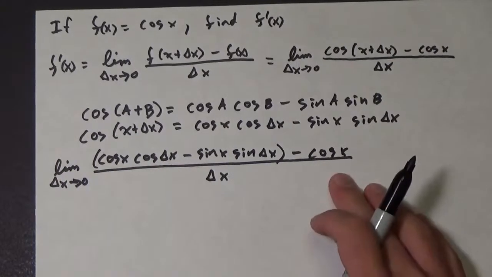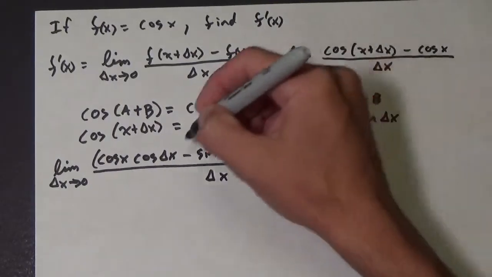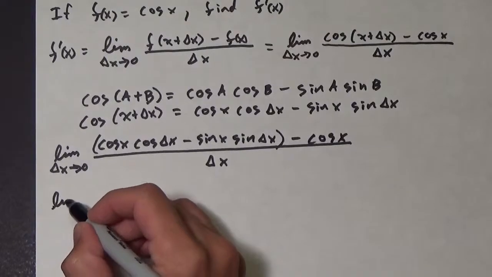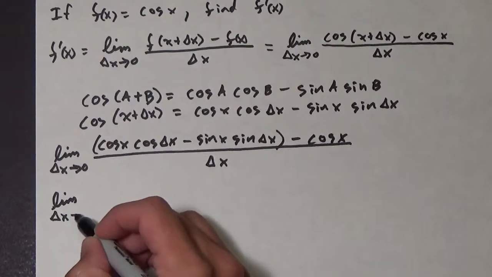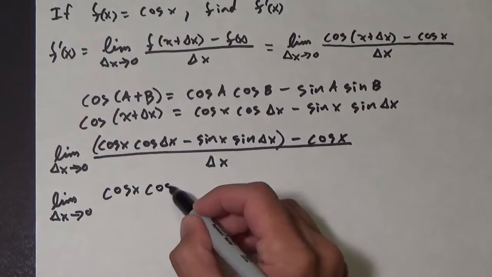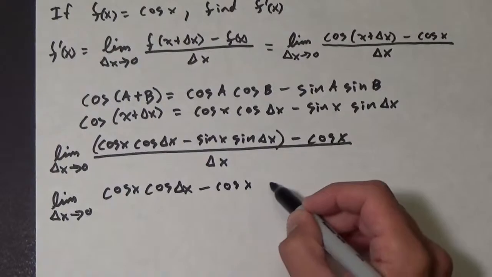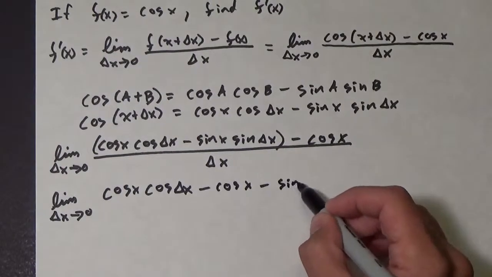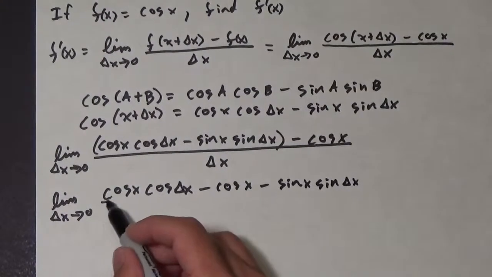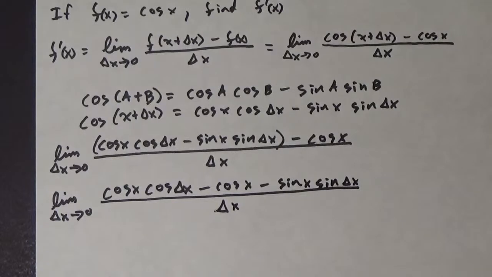Again, we're going to do a little rearranging. I'm going to take this negative cosine of x and put it over here, using the commutative property. We have the limit as delta x approaches 0 of the cosine of x, cosine of delta x, minus the cosine of x, minus the sine of x times the sine of delta x, all over delta x.